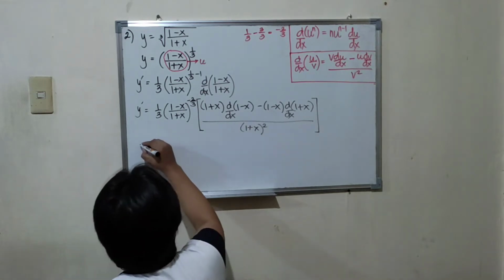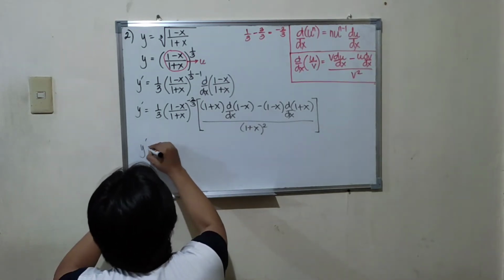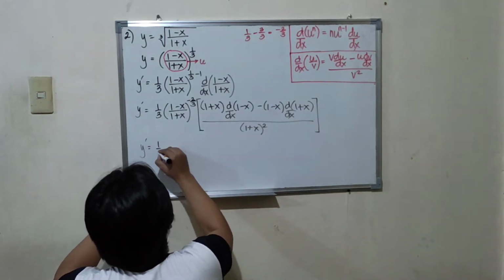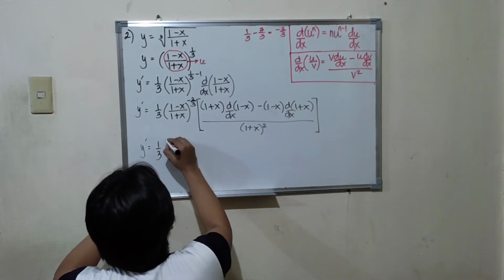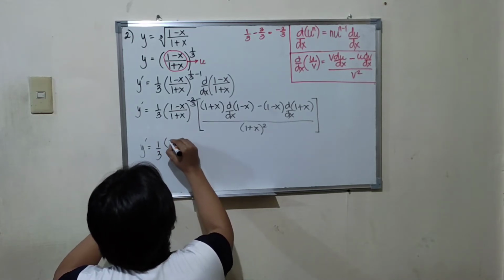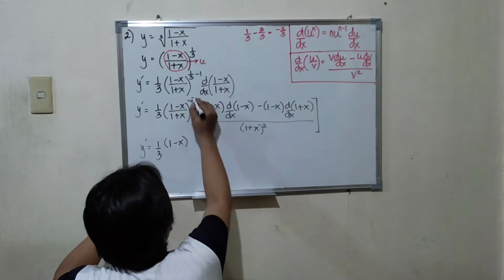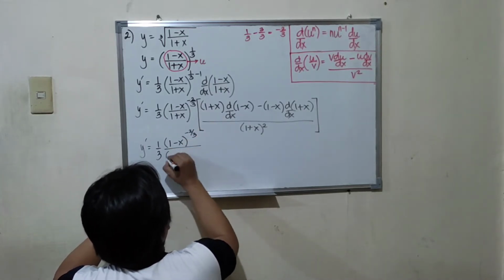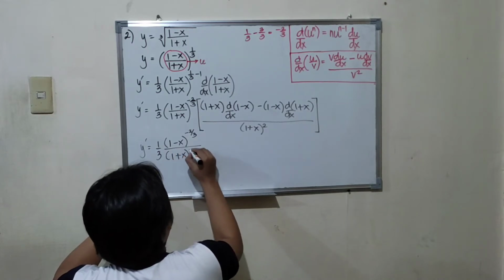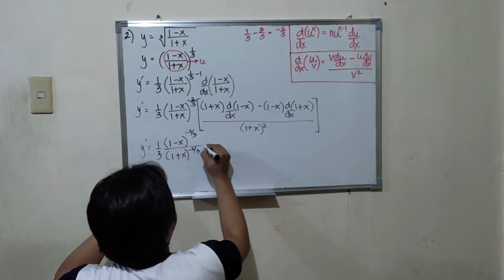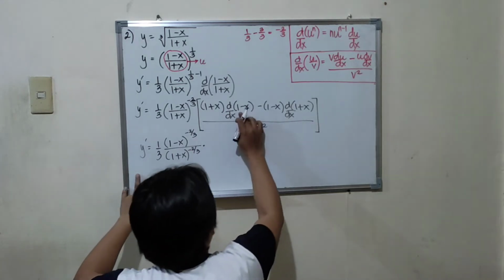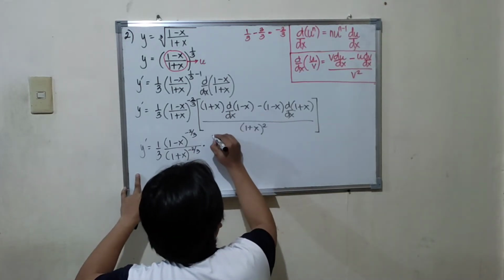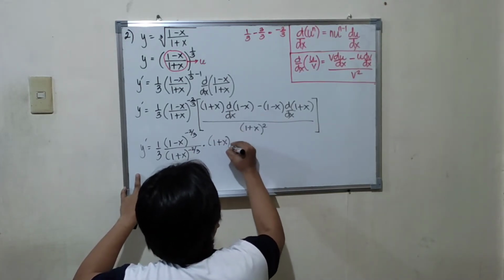Okay, so let us distribute first the negative exponent. We have 1/3 times 1 minus x raised to negative 2/3. Then for the denominator, we have 1 plus x raised to negative 2/3 times the derivative of 1 minus x: just copy 1 plus x.